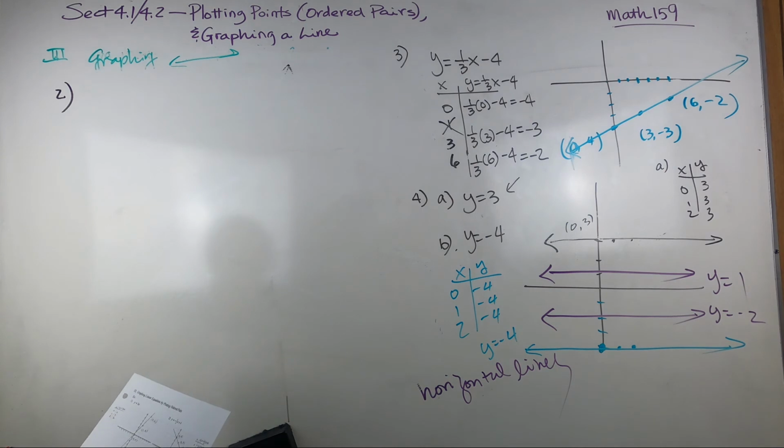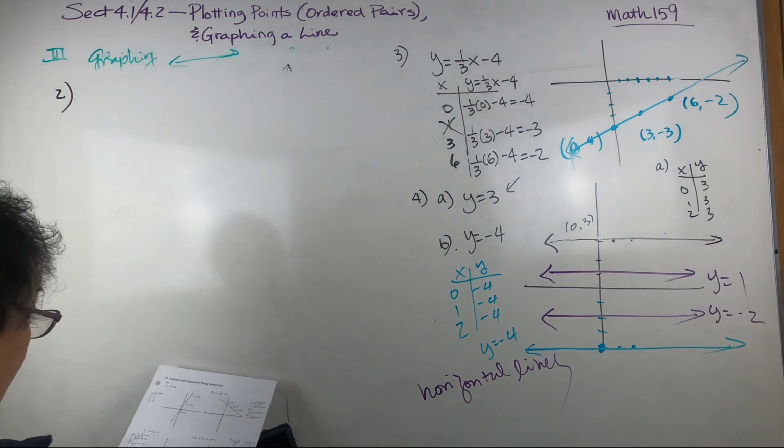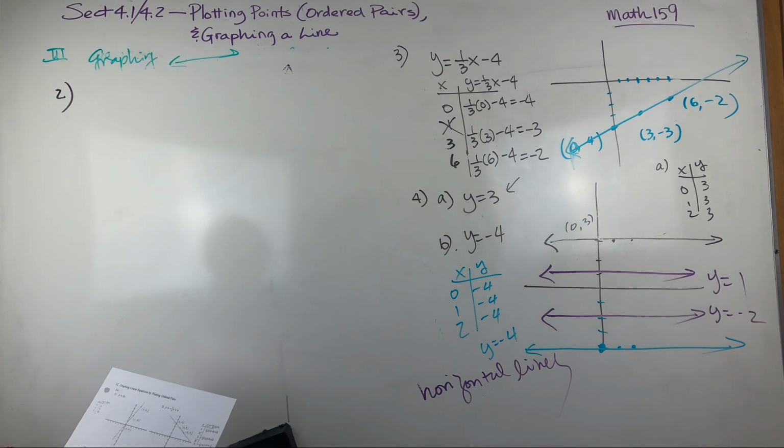The equation of the regression line is y equals 110 minus 70x. Graph it. So a regression line is a straight line that describes how a response variable y changes as an explanatory variable x changes.